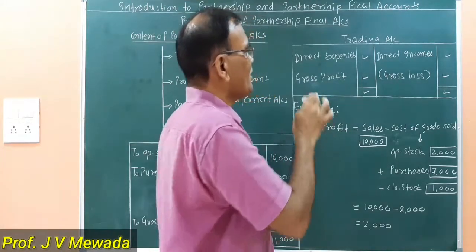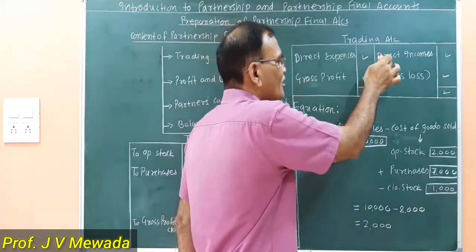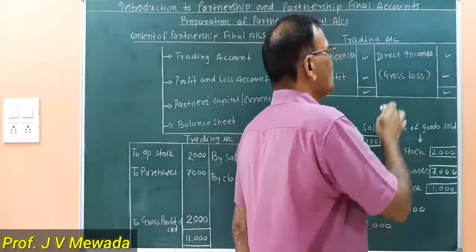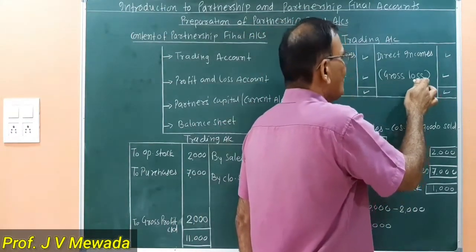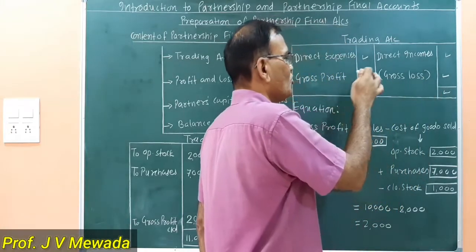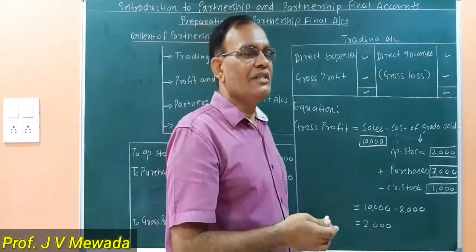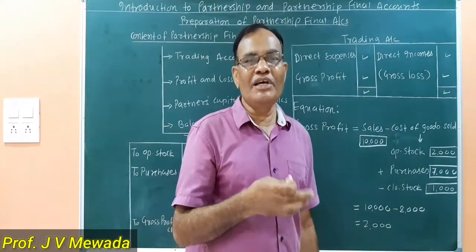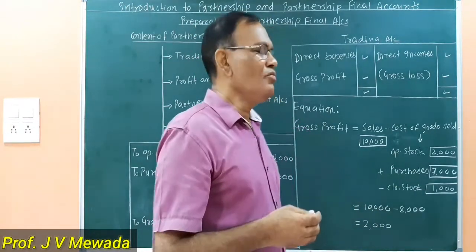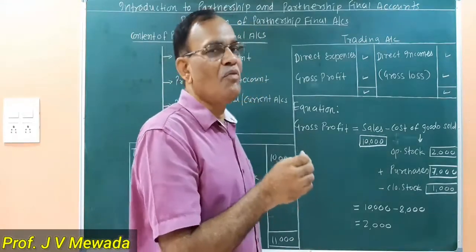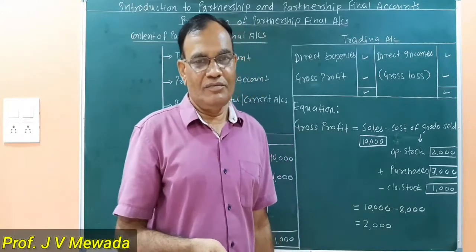If the direct expenses are more than the direct incomes, then the difference appears on the credit side, which is known as gross loss. And whatever is the gross profit or gross loss is transferred to the next account, the profit and loss account.